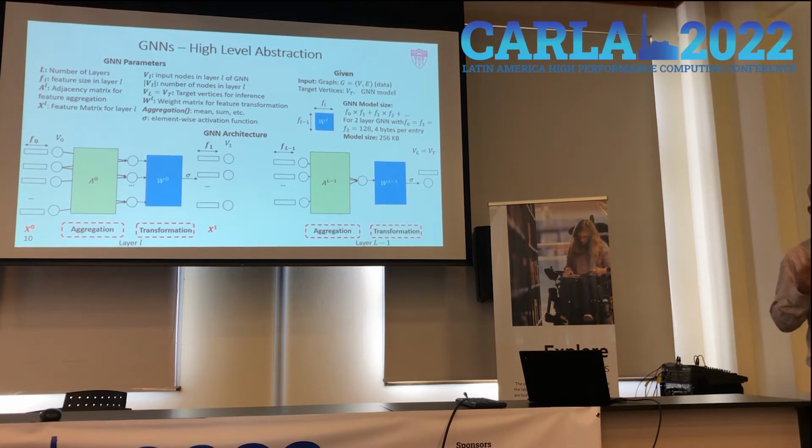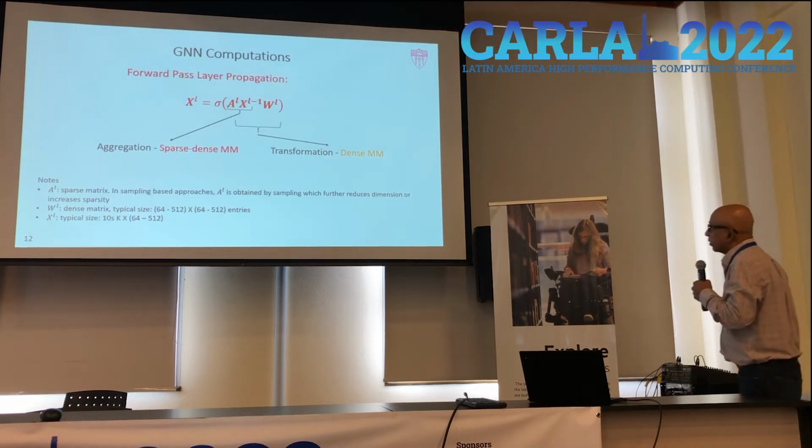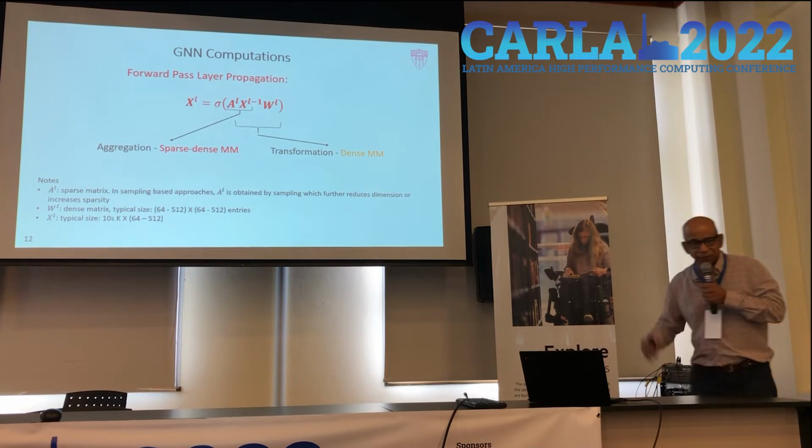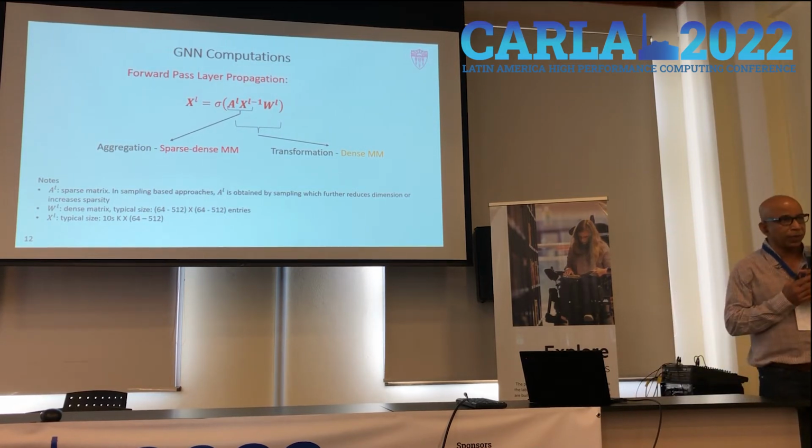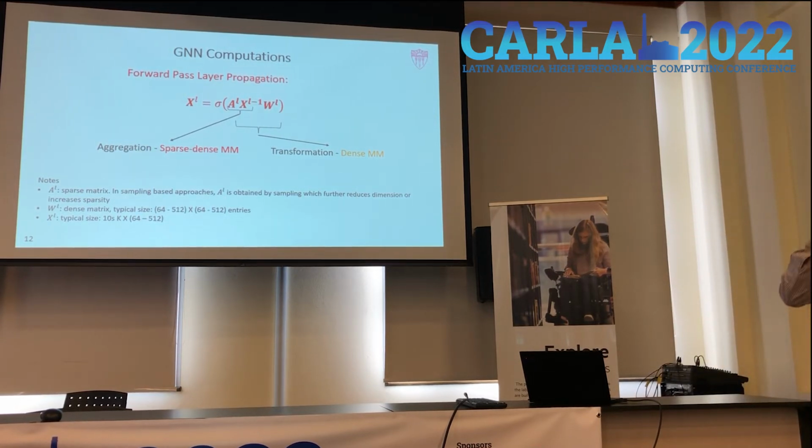There are literally tens to hundreds of different GNN models based on how this matrix is specified, what kind of aggregation you do, and what weight matrix is given as part of the transformations going from input to output layer by layer. The last layer is where we get the embedding vectors for all the inputs provided to the forward pass of the GNN.